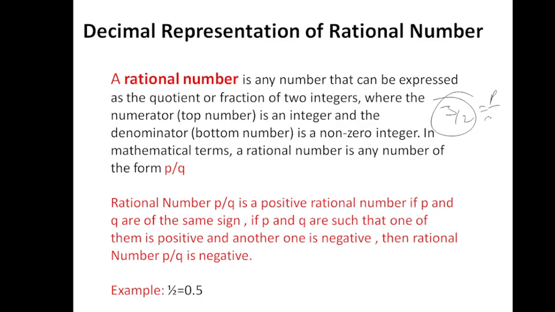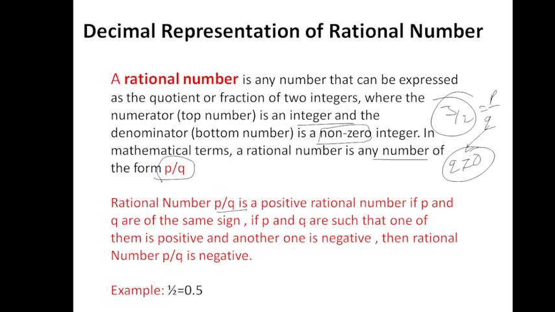Suppose p by q, where q is not equal to 0. In mathematical terms, a rational number is any number of the form p by q.